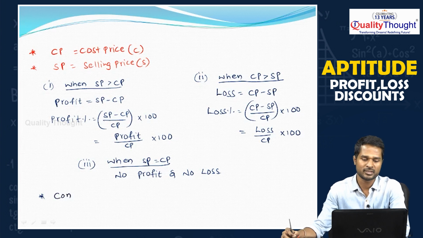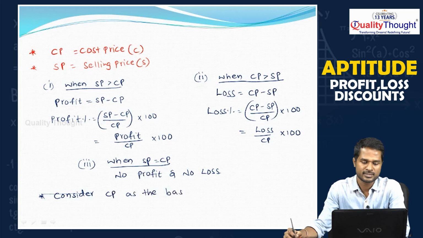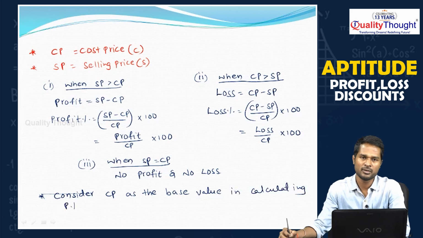That means for profit percentage or loss percentage, we will calculate it with the cost price. Consider cost price as the base value in calculating both profit percentage and loss percentage. This is the main important thing we need to remember. Always compare these values by taking the cost price as the base value.